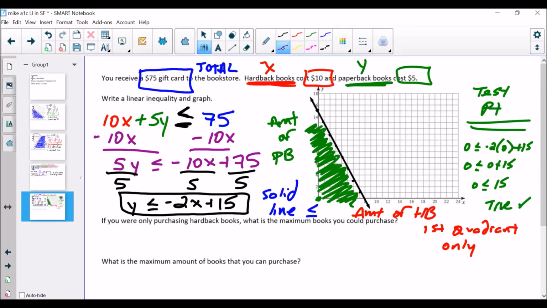So we only want hardback books, which means we would not want any paperback books. So since we do not want any paperback books, in this situation, y is going to be 0. We don't want any paperback books, only hardback books. So I can take the number 0, plug it in for y.